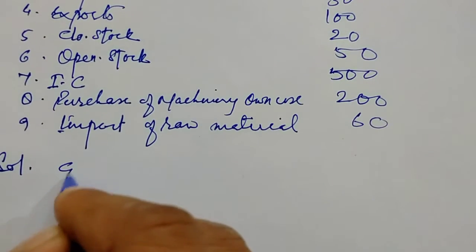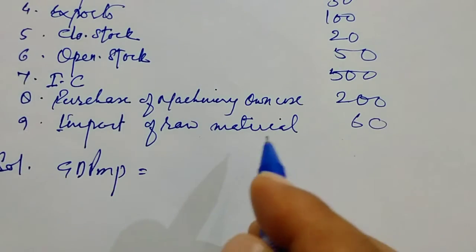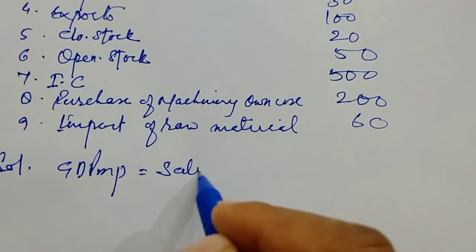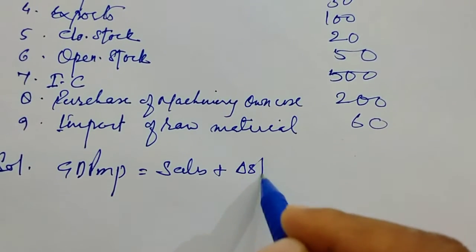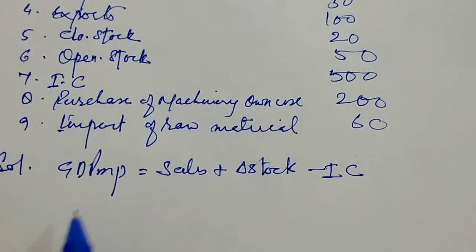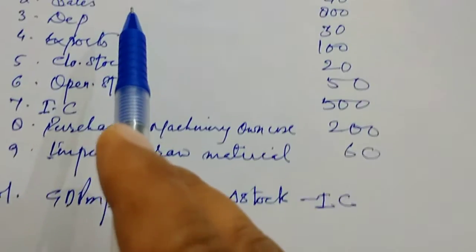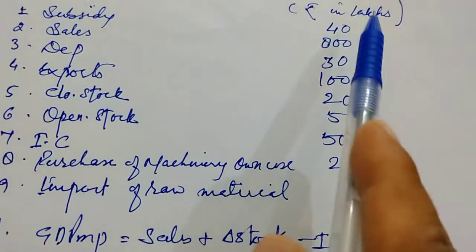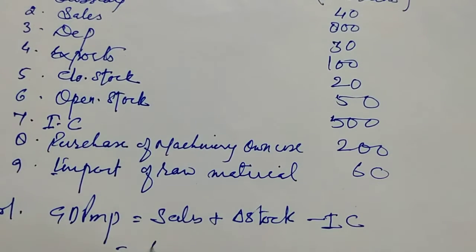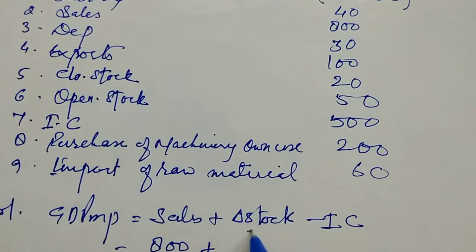First we calculate GDP at MP, and its formula, as you know, is sales plus change in stock minus intermediate consumption. The amount of sales is 800, so we will consider 800 plus delta stock.